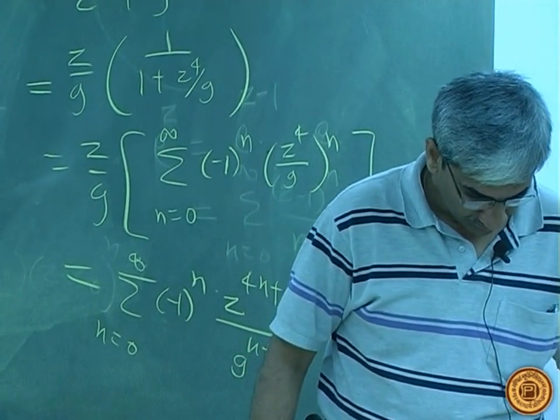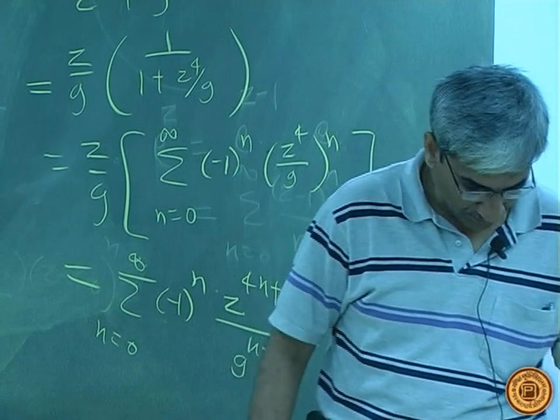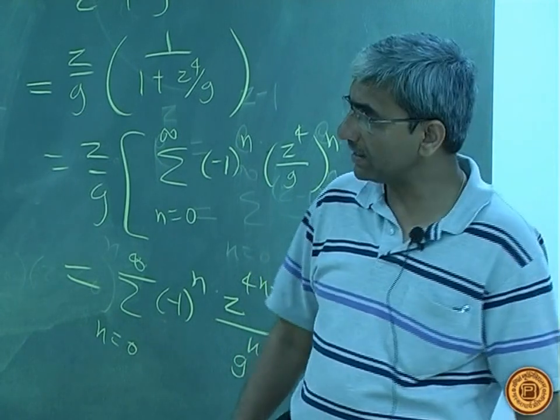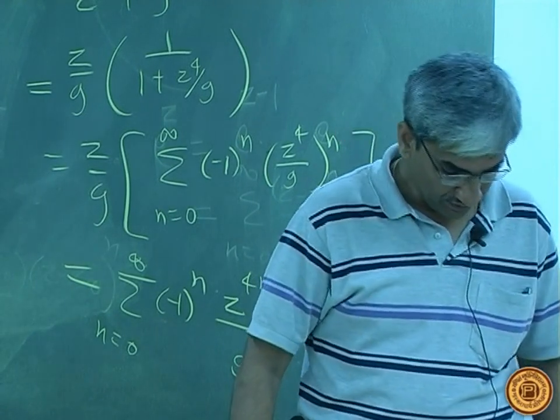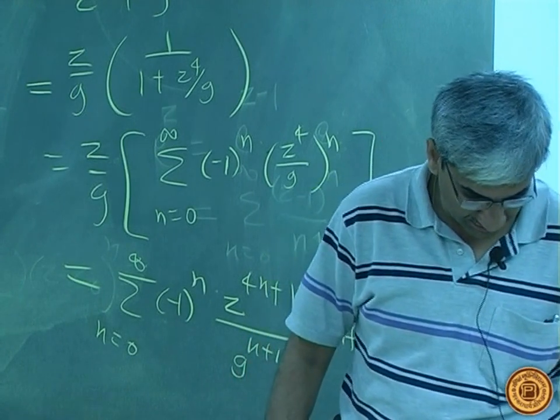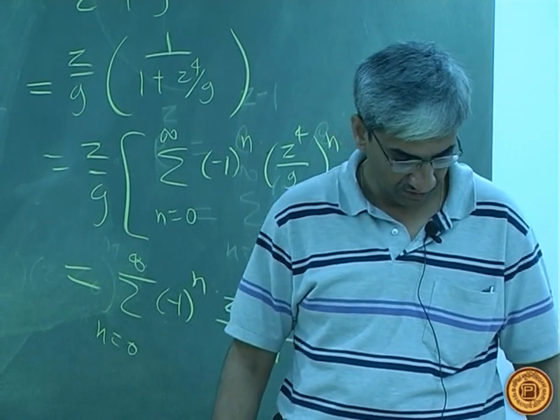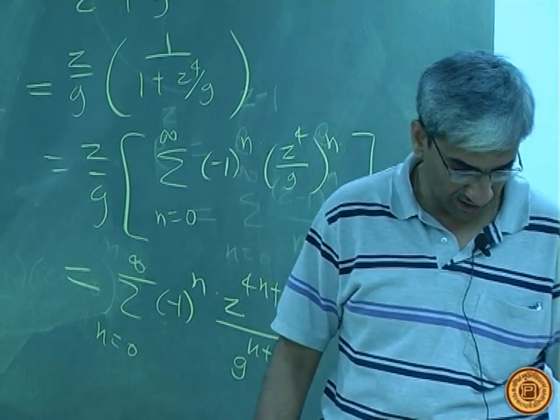Okay. Now, one more type of problem is your standard one. Suppose you want to express 1 over 1 minus z in some other powers, say powers of z minus i or something like that.